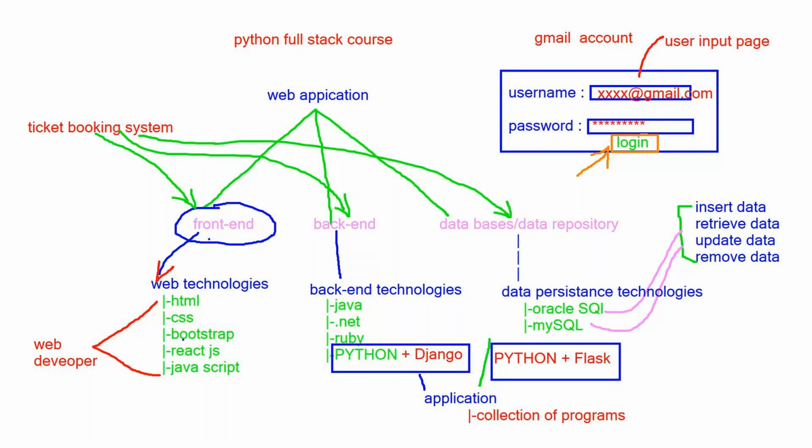You see, it is a single class. Today I am not going inside what is the role of HTML in developing web applications. I am not explaining the role of CSS, Bootstrap, React.js, or JavaScript, because I don't have much time to inject all things in a single class.